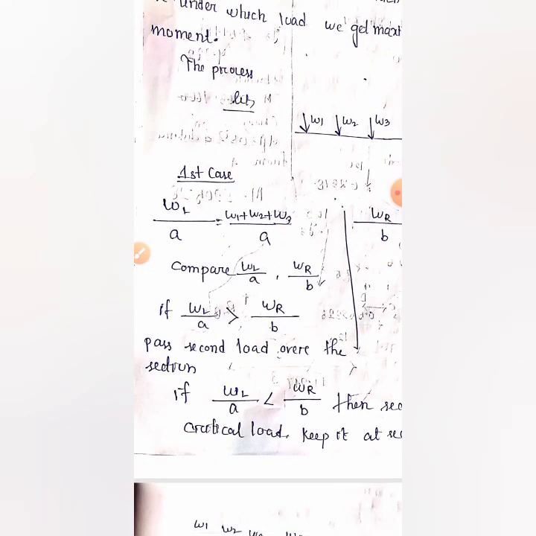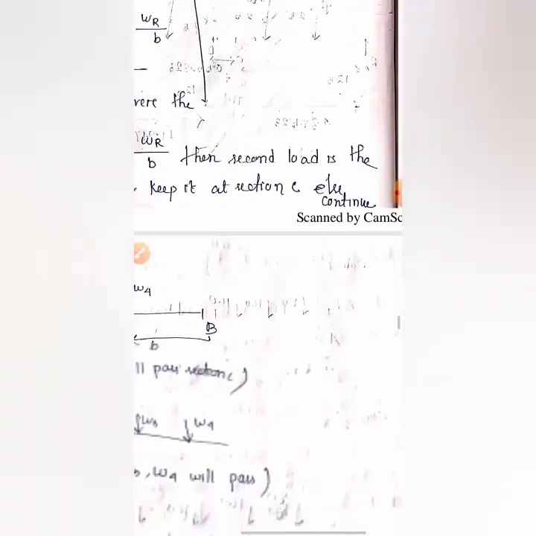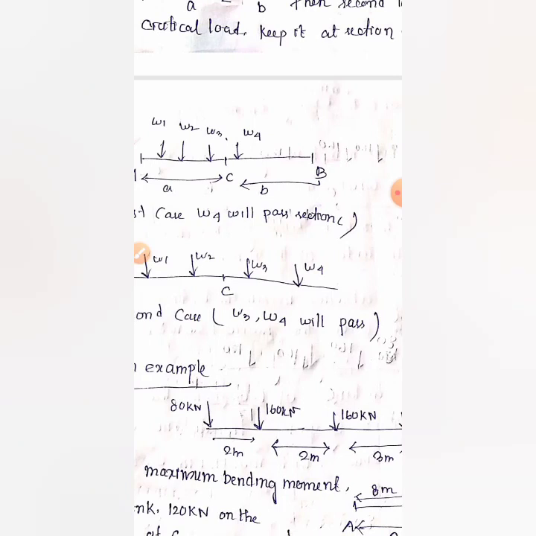So here WL equals the summation of left loads, that means W1 plus W2 plus W3, divided by A. On the other side we will find WR by B. B is the distance of the section from the right support B. WR means the summation of the right loads of the section C. In the diagram only one load is acting at the right of section C, that means W4. So here WR equals W4 by B.